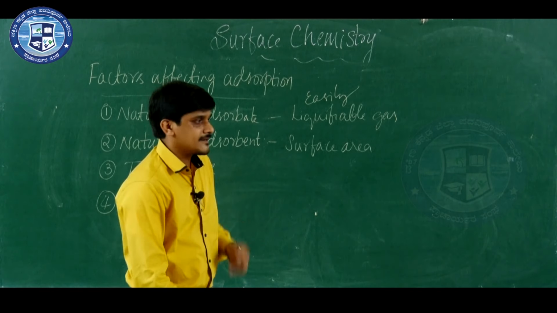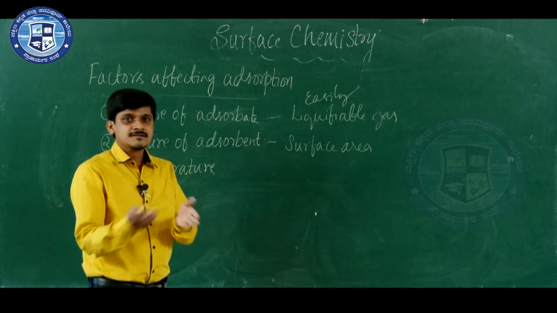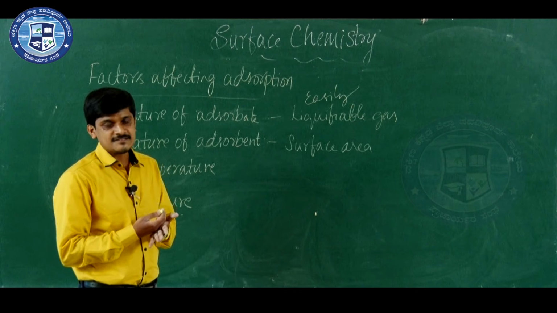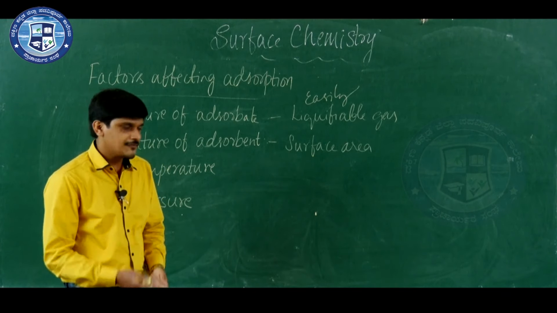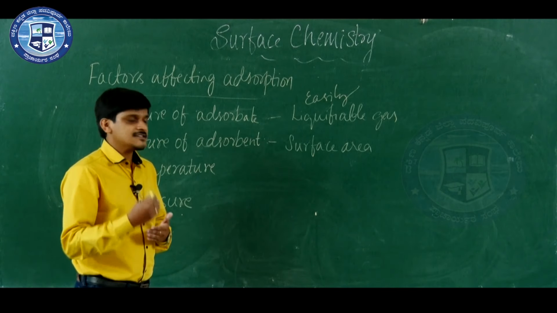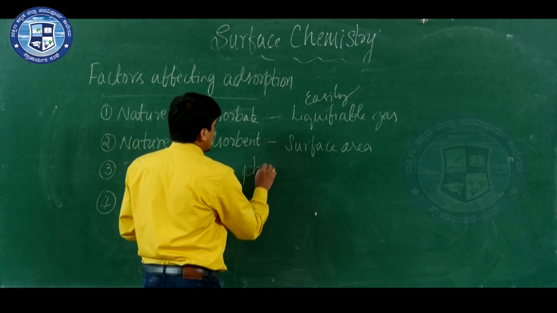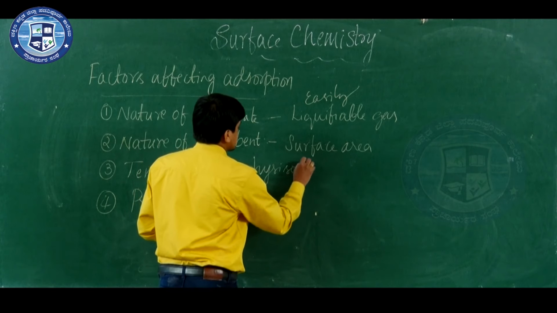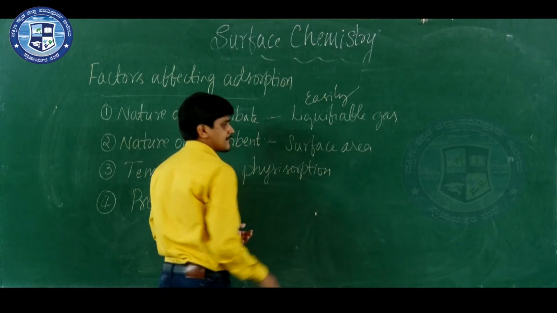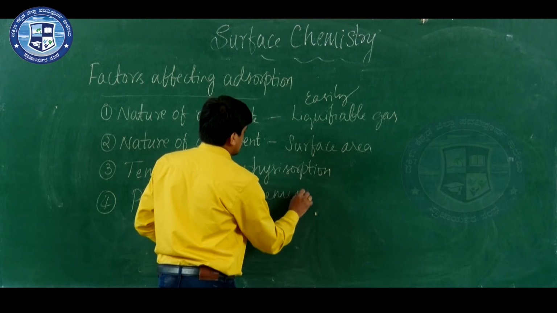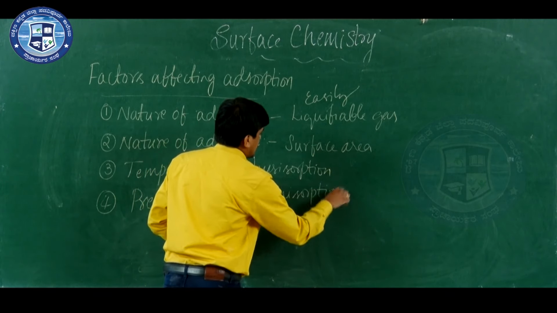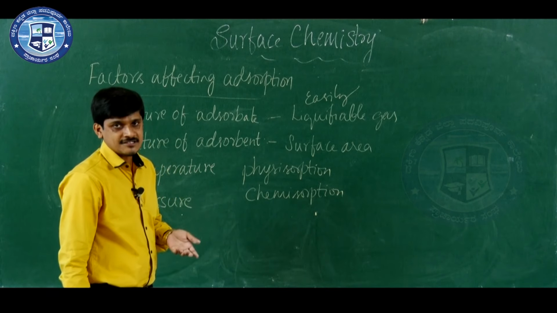But in case of chemisorption, as the temperature increases, adsorption also increases to a certain extent, because chemisorption means chemical bond formation takes place. For a chemical reaction, there should be some minimum amount of heat. Therefore, physisorption occurs at a lower temperature, whereas chemisorption occurs at higher temperatures.